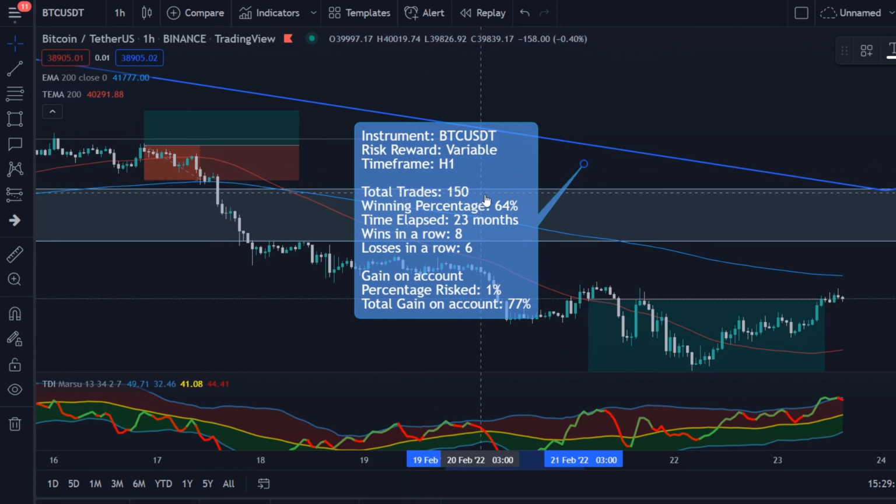We took in total 150 trades, and the winning percentage was quite high, 64%. And that has to do, of course, with the 1-to-1 risk reward ratio, because it's easier to hit that target instead of using a 3-to-1 or a 4-to-1 risk reward ratio. And also, if it has hit our TP1 target, then I consider that as a winning trade.